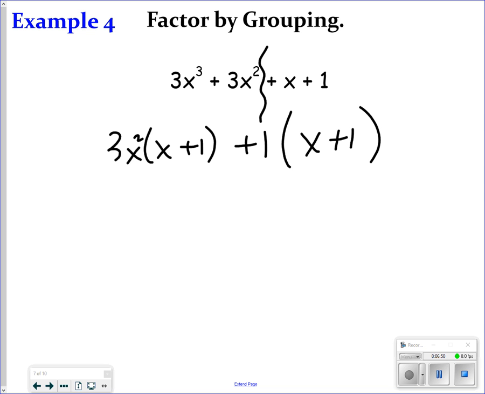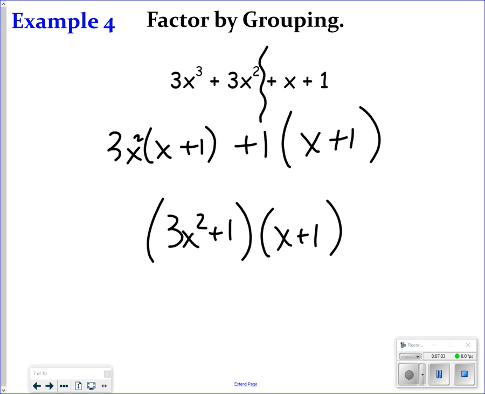So ultimately, I didn't really take anything away. I just took a 1 away, which now means I have the exact same parenthesis. So I group the coefficients in one parenthesis and keep what's the same as the other. So it's about taking out the GCF, getting the exact same parenthesis, and group.